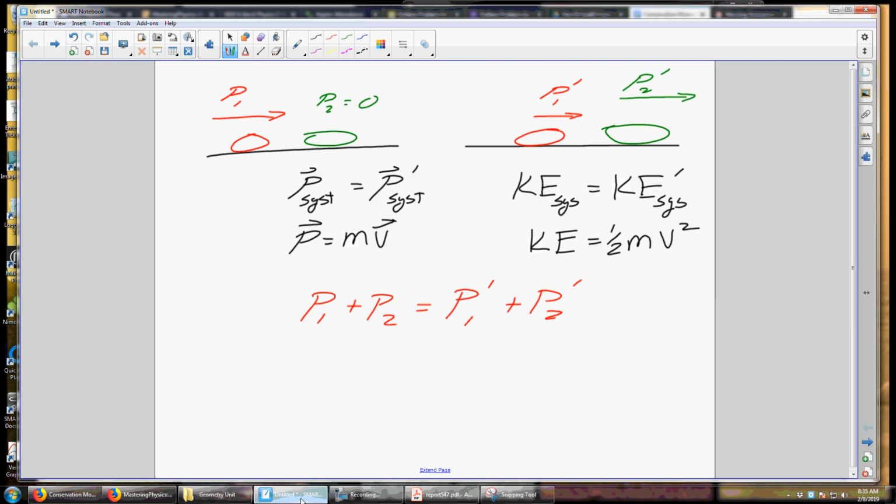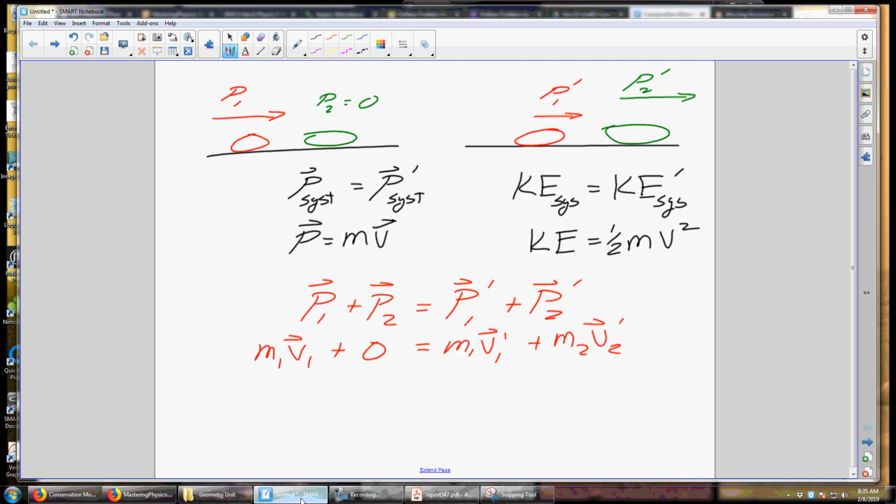All right, so let's substitute in. Let's see what I know. So this would be M1 V1, and I'm slacking, I should have vector symbols on that. Plus 0 equals M1 V1 prime, plus M2 V2 prime.